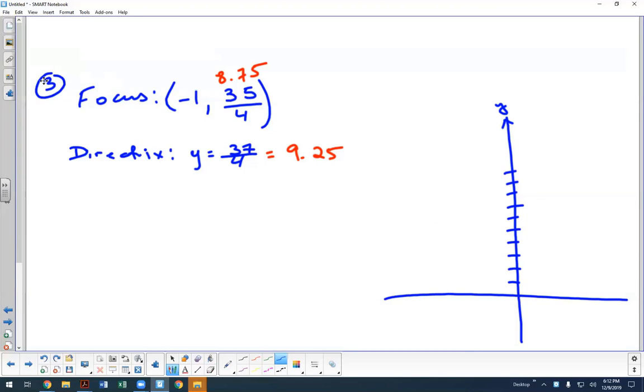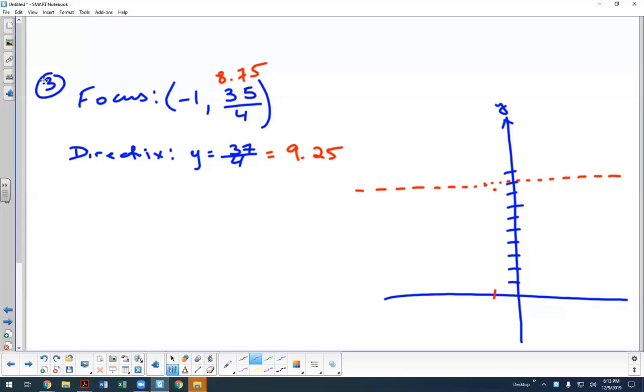Okay, so if they are telling us that the focus is going to be at 8.75, and of course that's with the ordered pair, -1, so if this was -1, 8.75 will be somewhere over here, okay, just approximately. We know directrix is going to be a horizontal line, which is at 9.25, somewhere over there.